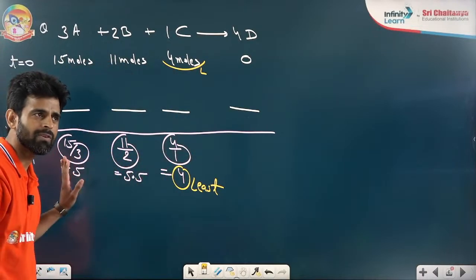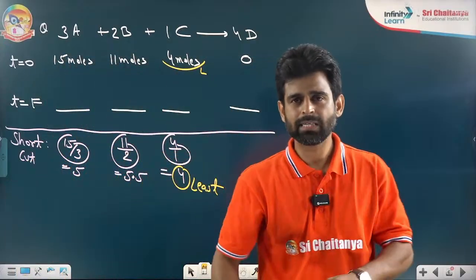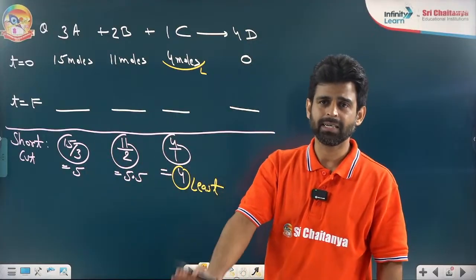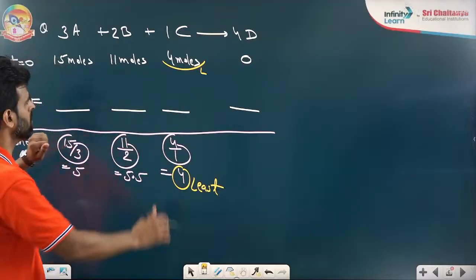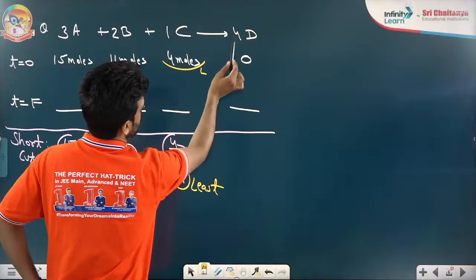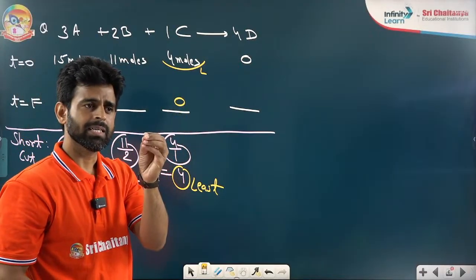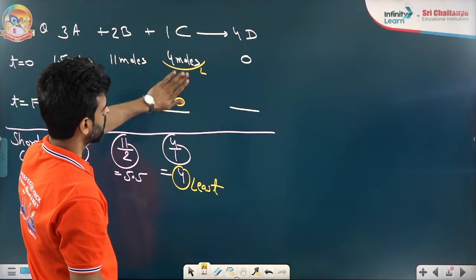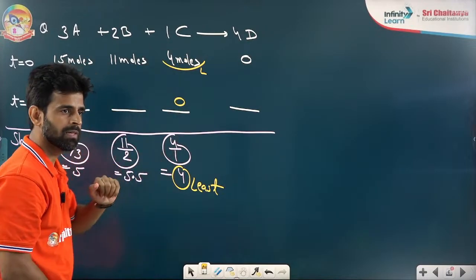After doing this, we get which is our limiting reactant. Now its work is done. We have used our shortcut to find the limiting reactant. The next part is to come to the main question. Now I can see 1 mole will produce 4 moles. The limiting reactant will finish, so 4 becomes 0.